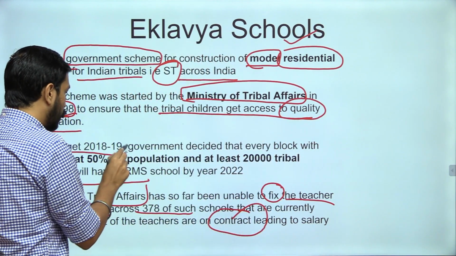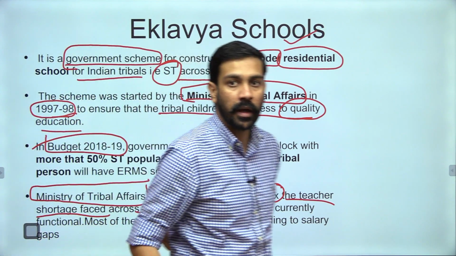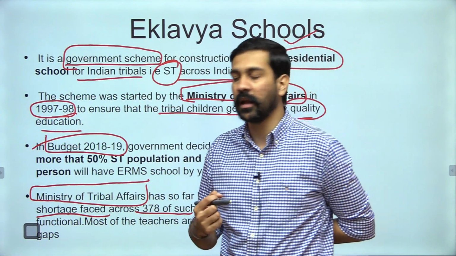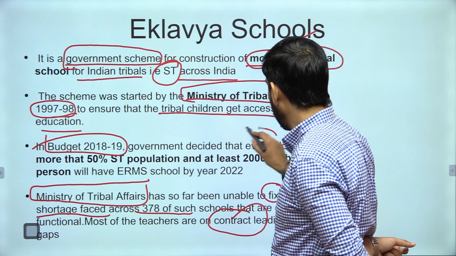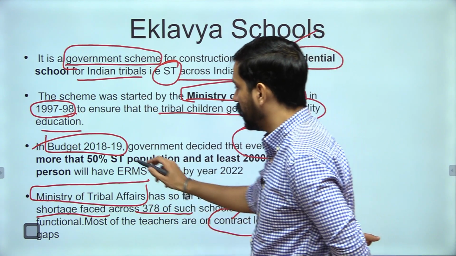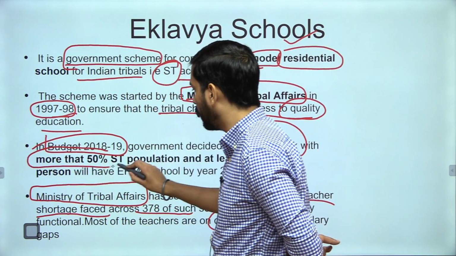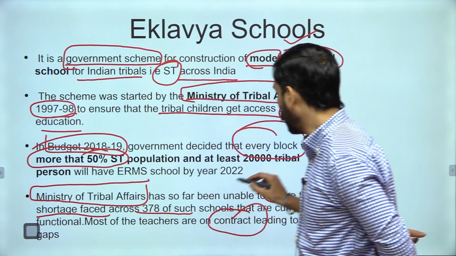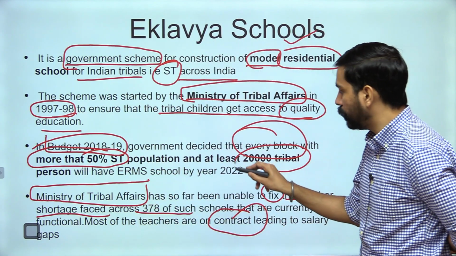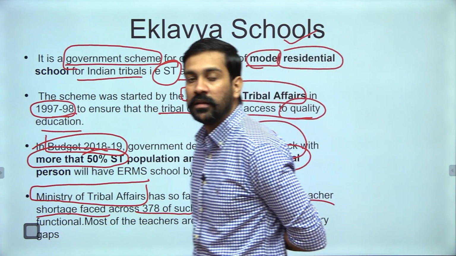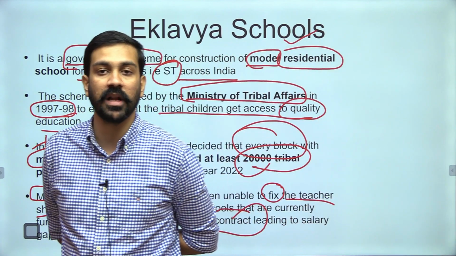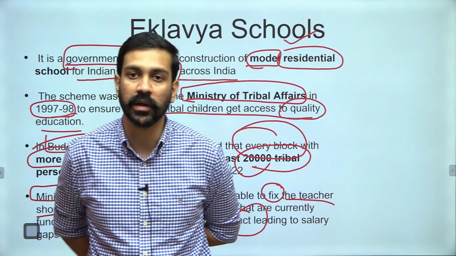In the budget of 2018-19, the government stated that in any block of the country where there is more than 50% ST population or at least 20,000 tribal persons living, they will have Eklavya residential model schools by 2022.